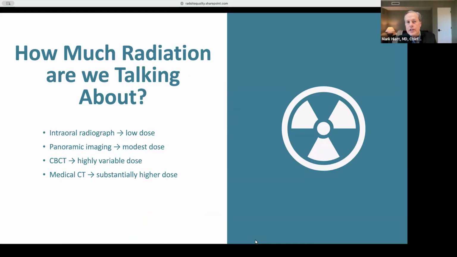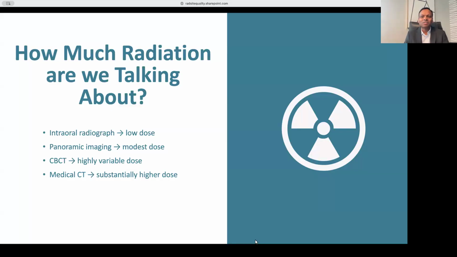How much radiation are we talking about? We know about medical CT. How does cone beam CT as used in dental practices differ? And also within the dental practice with respect to other modalities like the panoramic view or Panorex or intraoral radiographs. Which should we fear most when we speak about radiation?